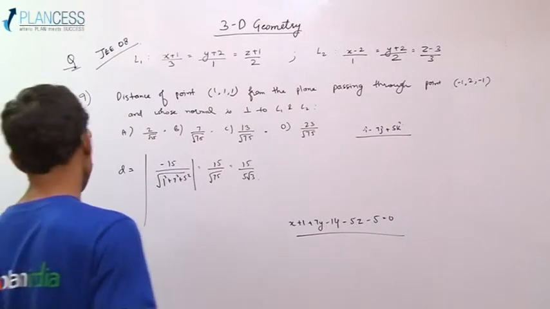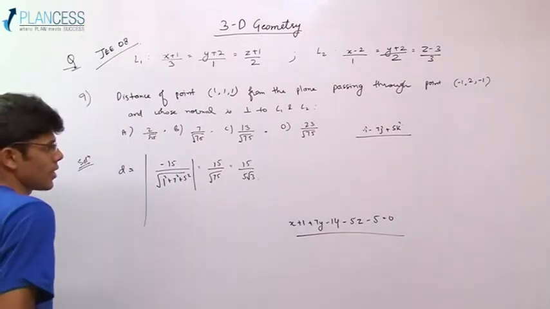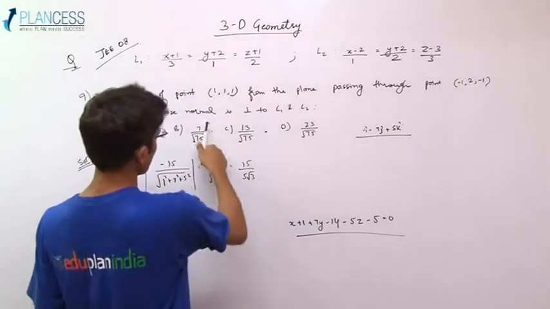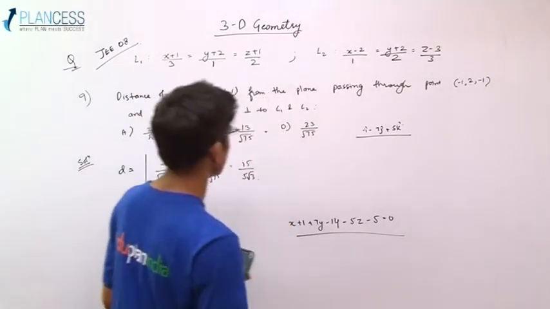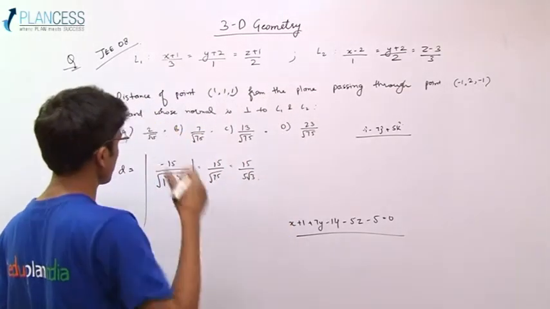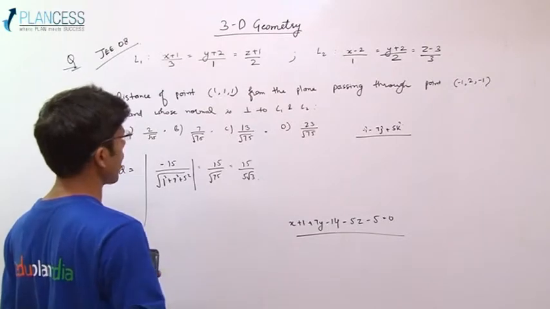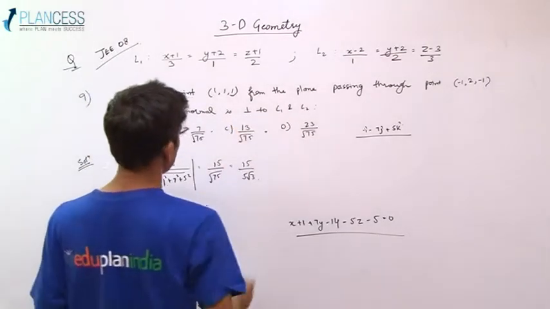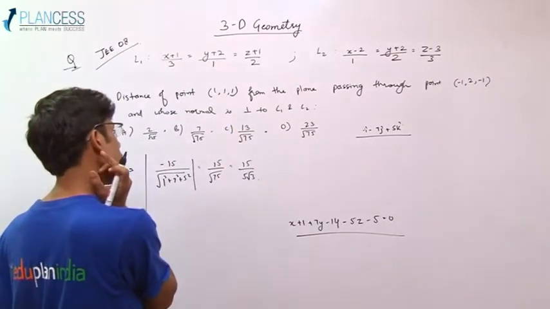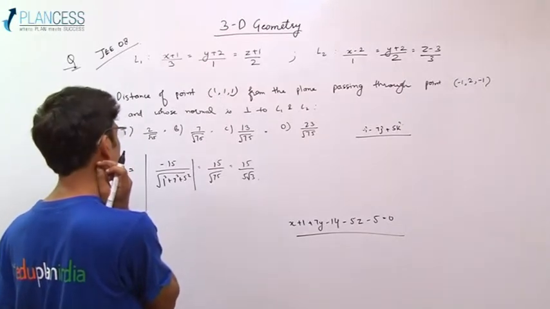Oh, we have made a mistake. This was a common mistake I have done. Let's take care of it. The normal to the plane is perpendicular to L1 and L2. Here I have taken the normal as L1 and L2, but the normal is perpendicular to both L1 and L2.